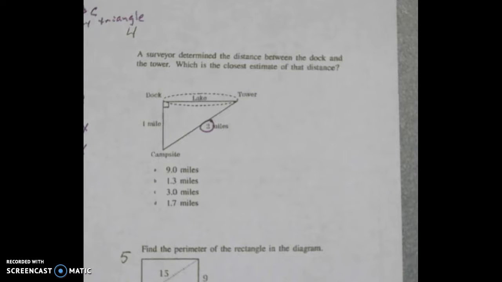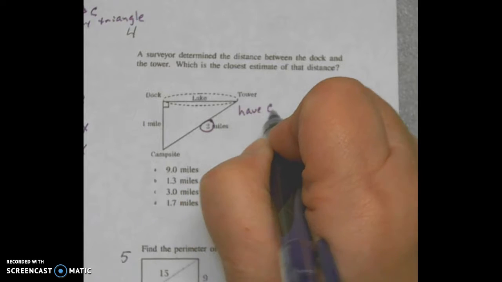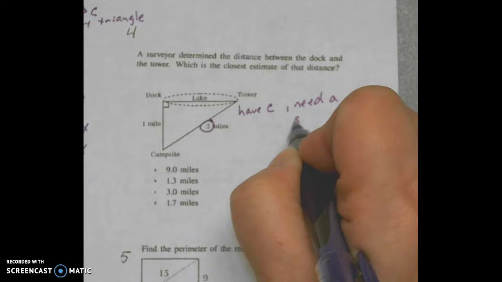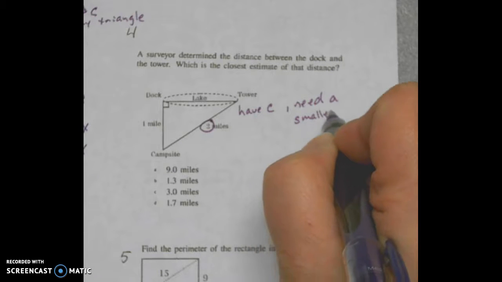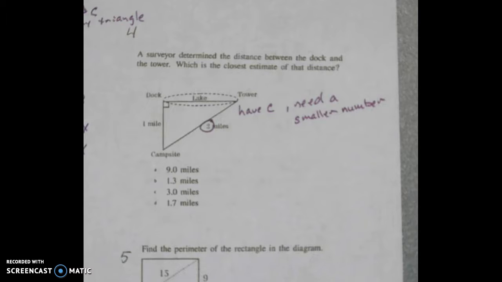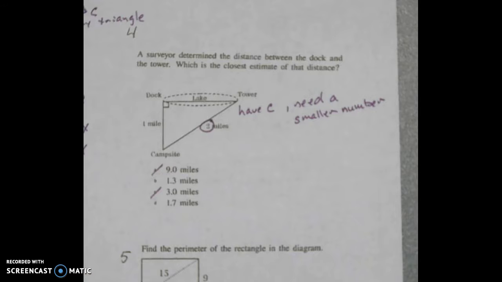So I know I have to have a number smaller than 2. I need a smaller number. Just knowing that 2 is the biggest number in this problem means I can eliminate answer choice A and answer choice C. I can't have 9 miles. I can't have 3 miles. I have to have a number that's smaller than 2 miles.